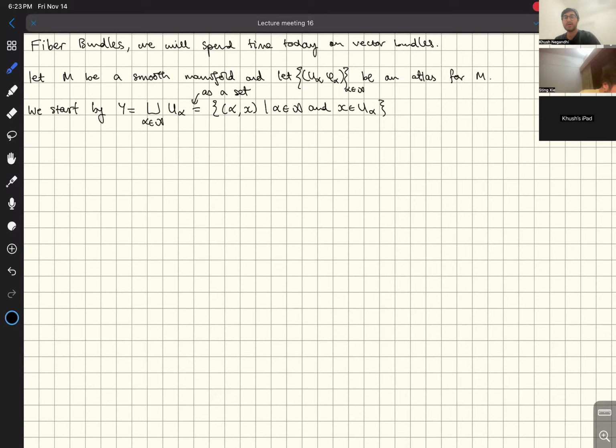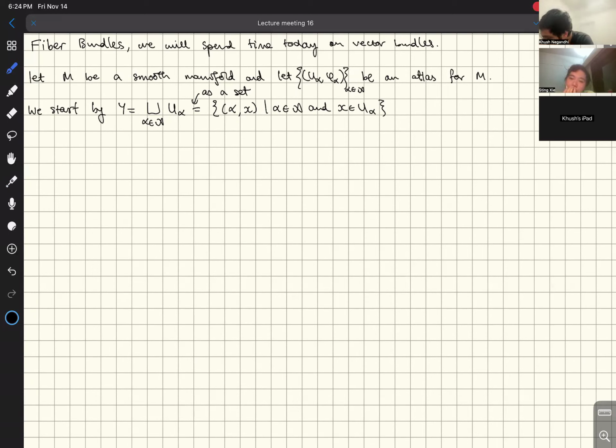It's like I just have a bunch of sheets of paper that don't touch each other. Now I need to assign a rule so that I can take two sheets of paper and join them in such a way that I patch everything together to get my manifold. That's the idea. And the way we do this is we define an equivalence relation on this set.